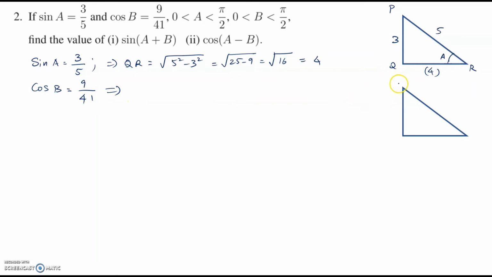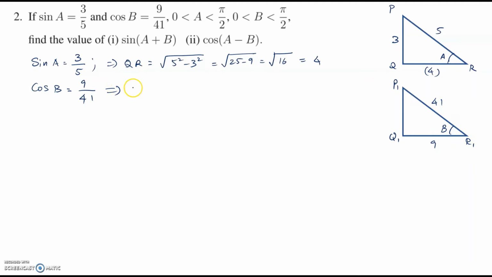Similarly, what is given to us is that cos B is equal to 9 by 41. So let's again consider this triangle here as, let's say, P1, Q1, R1. The angle here is B. Now cos B is adjacent side, which is Q1R1, 9, divided by the hypotenuse P1R1.